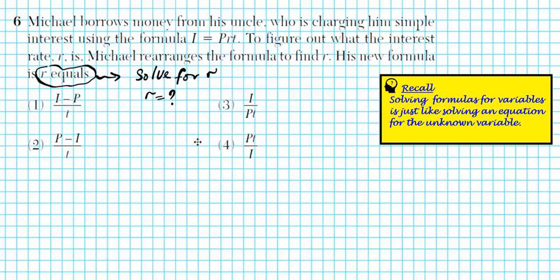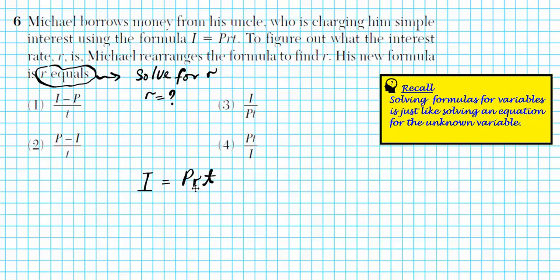Now, one thing you want to recall is that when you're solving a formula for a variable, like you have this formula right here, interest equals principal times rate times time, it is the same thing as solving an equation for an unknown. The same process is involved, okay?